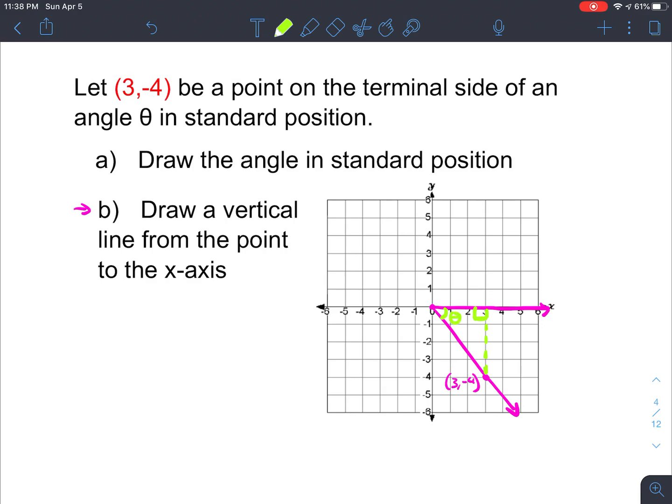And the theta we're going to be looking at is the one inside, the one being made with our vertex. So I have turned an angle in standard position into a triangle.